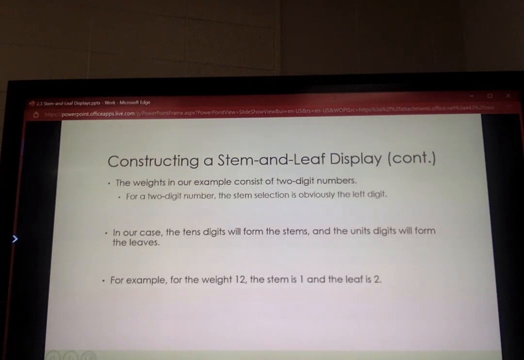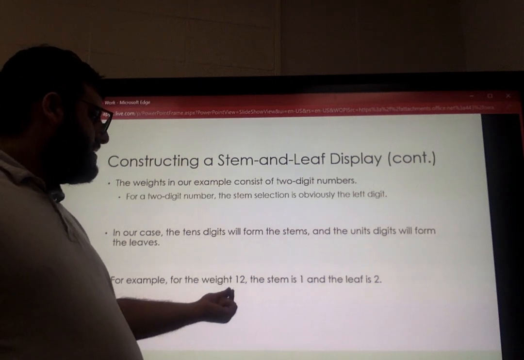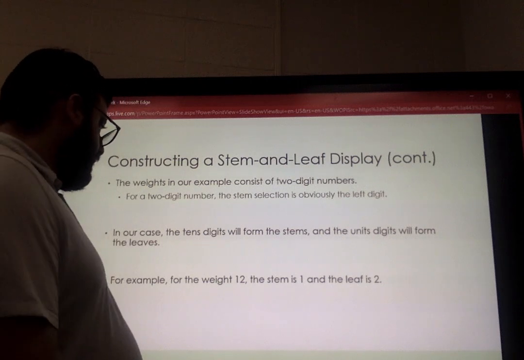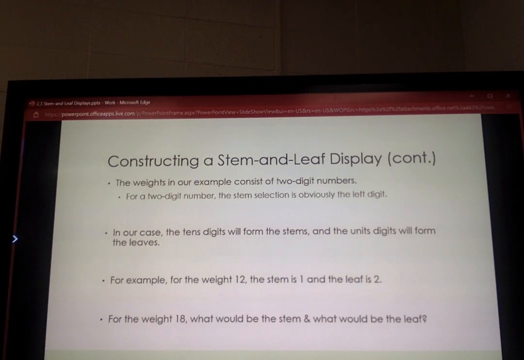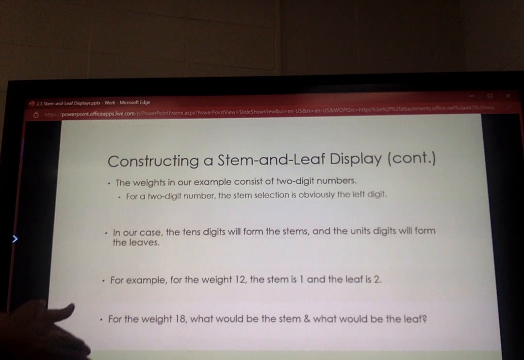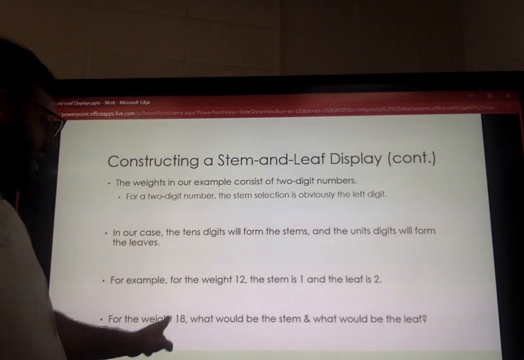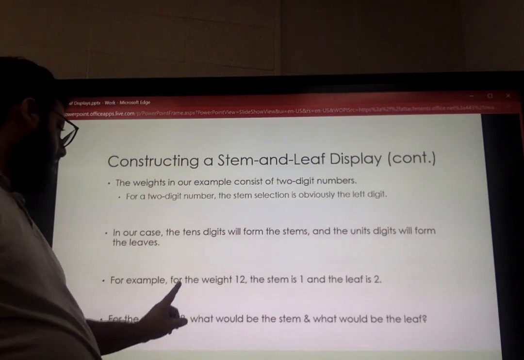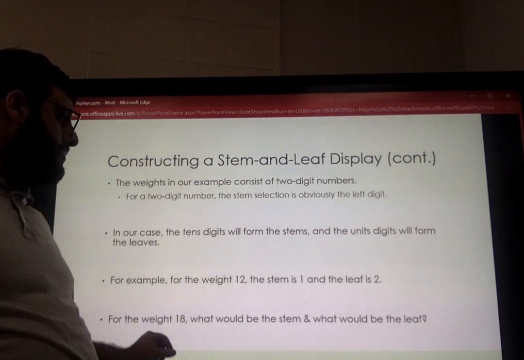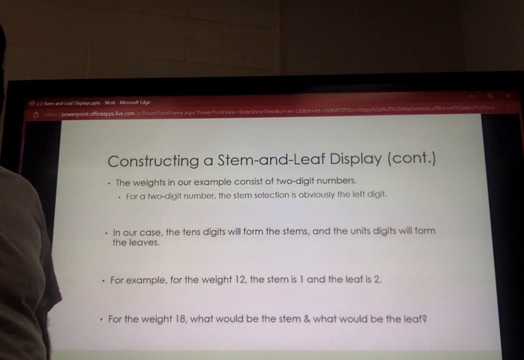For example, if a luggage weighs 12 pounds, then 1 is the stem and 2 is the leaf. Again, for 18, what would be the stem and what would be the leaf? The left digit is the stem, so 1 would be the stem, and 8 would be the leaf. And because the stem for these two matches, these two leaves would be on the same stem.